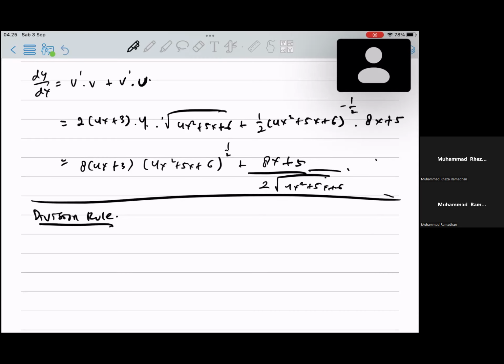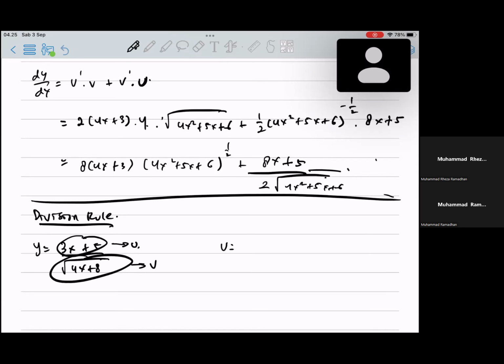So in the division rule, for example, if you have y is equal to 3x plus 5 over something like that, you can change this to u and this to v.